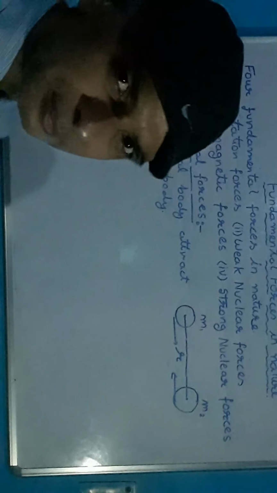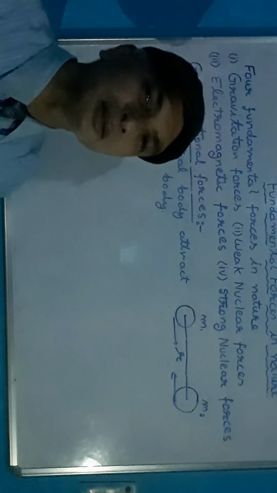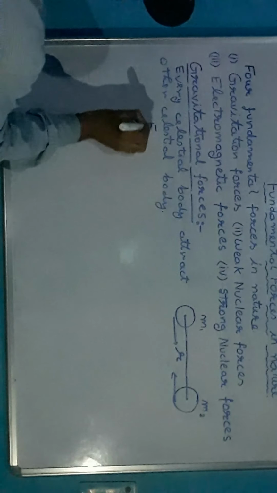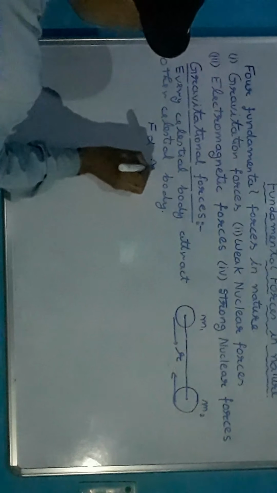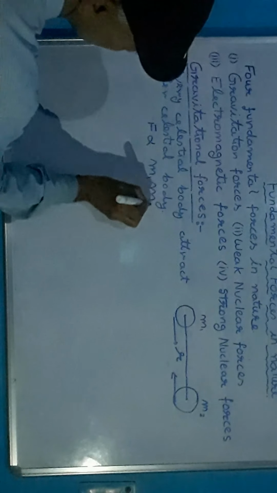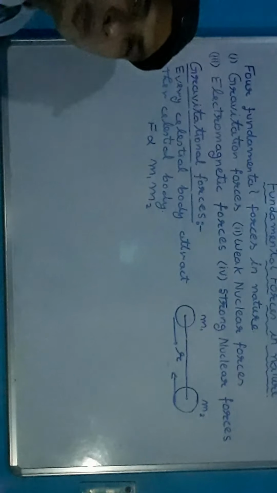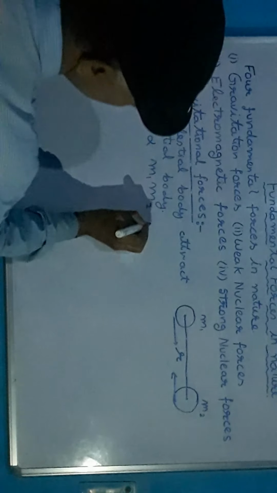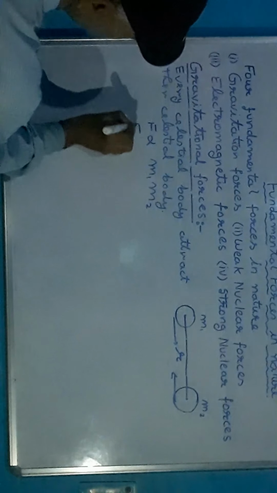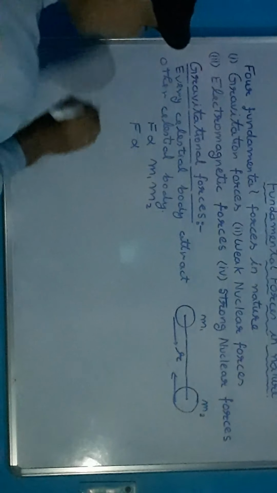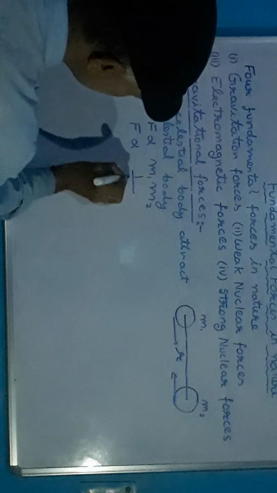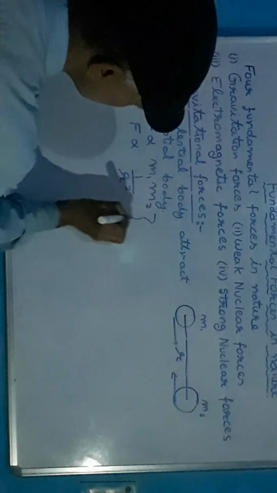Newton has said this is the force of attraction, and this force of attraction is directly proportional to the product of the masses of each body, and this force of attraction is inversely proportional to the square of the distance between them.